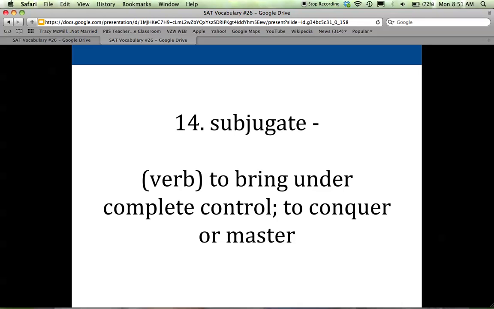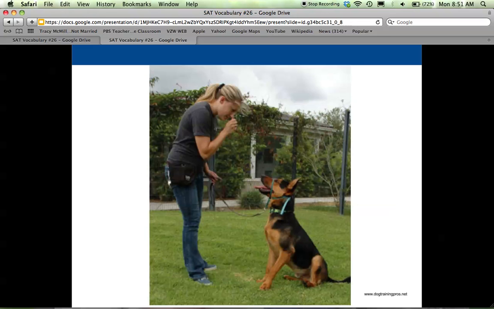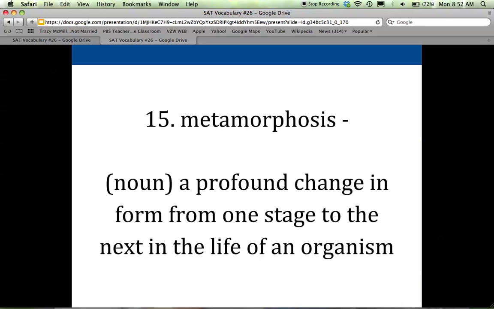But theoretically, you could also bring your own fears, your own anxieties under control and subjugate them as well. But it's this idea of bringing something or someone under your control, managing it, and then hopefully mastering it. So when you get a puppy, you don't want your puppy chewing up your house and acting crazy. You want to train it and subjugate it. Teach it that you're the boss and it needs to look to you for how it should behave.